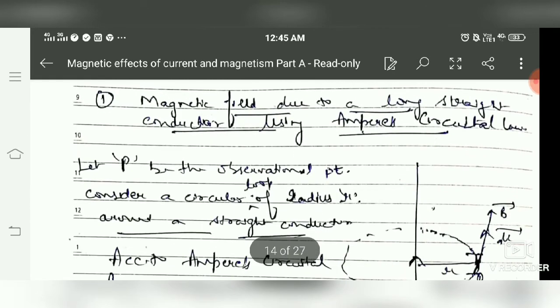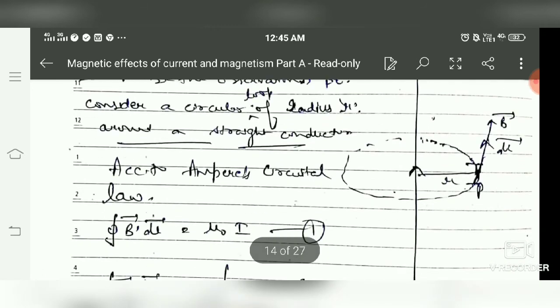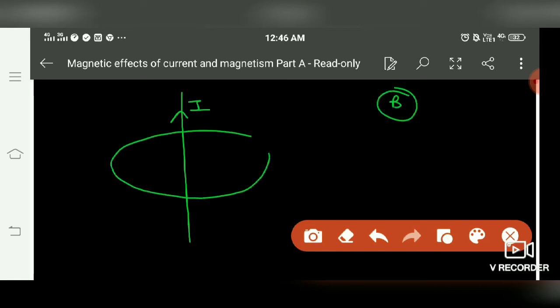First of all, we are using it for a long straight conductor. Say we have a wire like this, and current is flowing in this direction. To calculate the magnetic field using Ampere circuital law, first we have to take a closed loop around it.